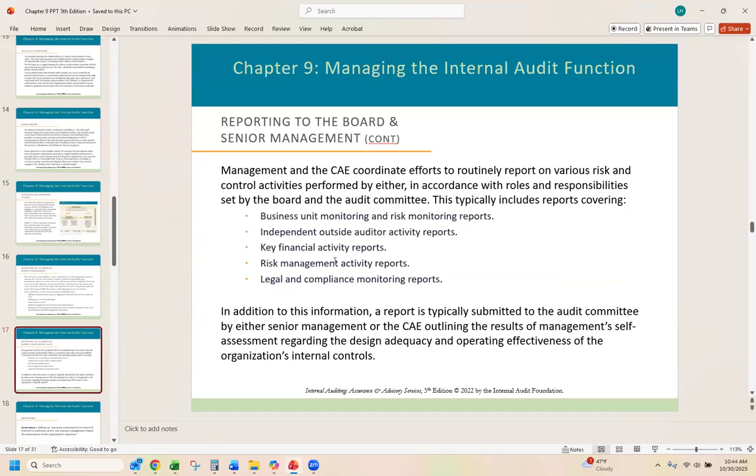Okay, so this is just reporting all kinds of different business unit monitoring, outside auditor, key financial activity, risk management, legal compliance. So, where all those controls are being monitored or reviewed, you want to provide documentation related to that stuff, to be given at least to the audit committee.